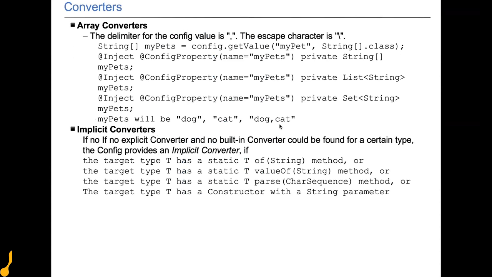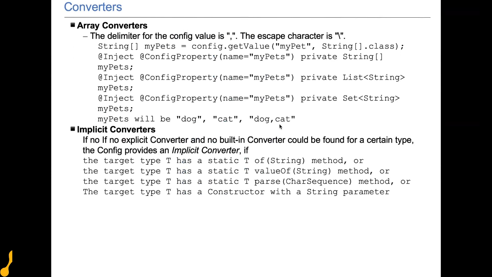The other thing is the implicit converter. It is actually to help you directly convert a string to a different type. We don't really want you to have to write converters for each type you want to convert to, so we came up with the solution of providing an implicit converter.